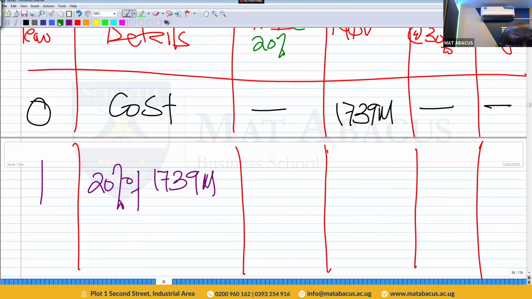If I round off, I will get 348. Then I will have my balance 1739 minus 348. My balance will be 1391.